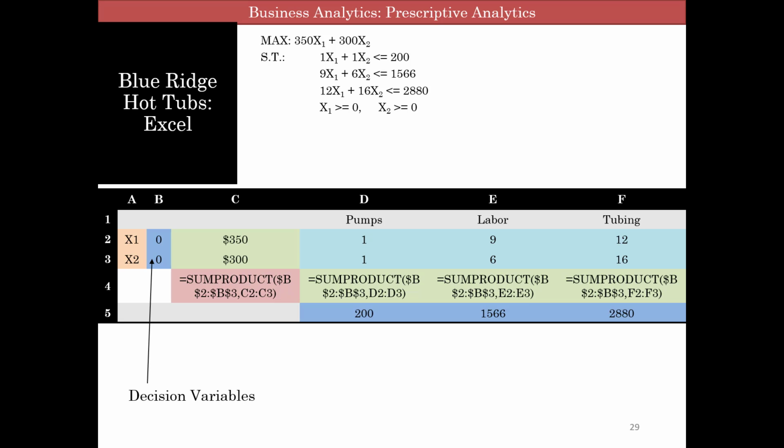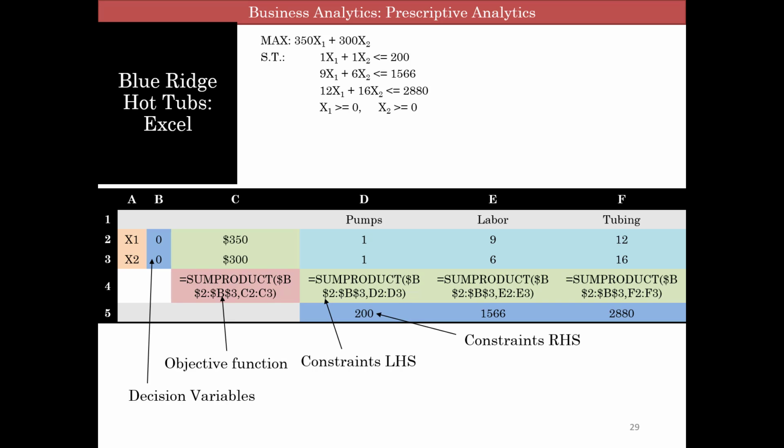These are your decision variables or changing cells. Your objective function is right here. So you're going to select sum product. You're going to select this first column, and then you're going to select the second column. B2, B3, you've got a dollar sign, so when you copy it, it does not change. And then you're going to put your objective coefficients, your constraint coefficients right here, and here the sum product, and here is the right-hand side of your values, right?